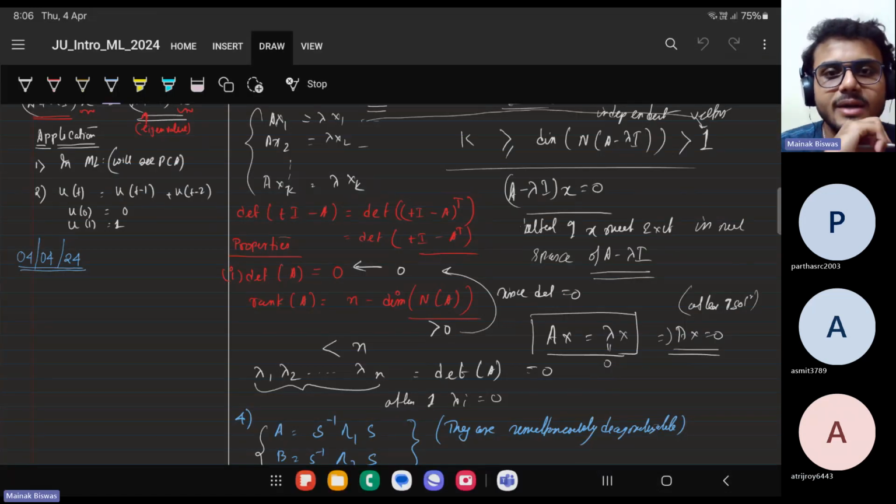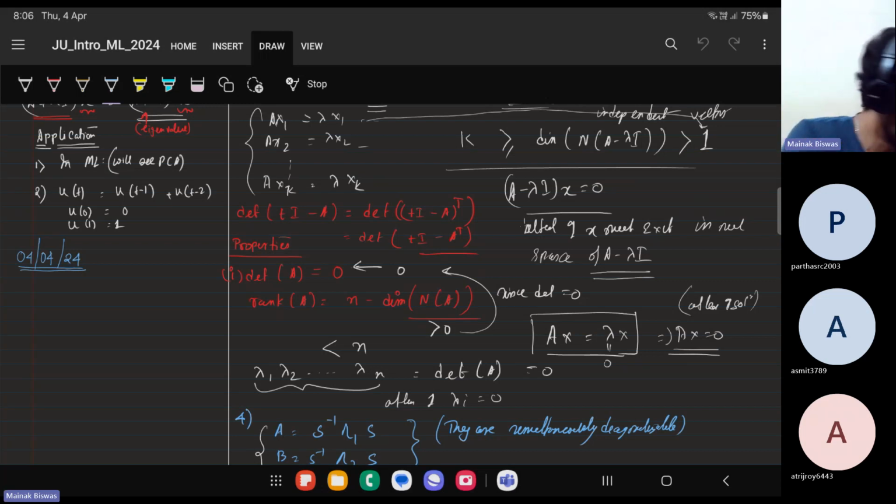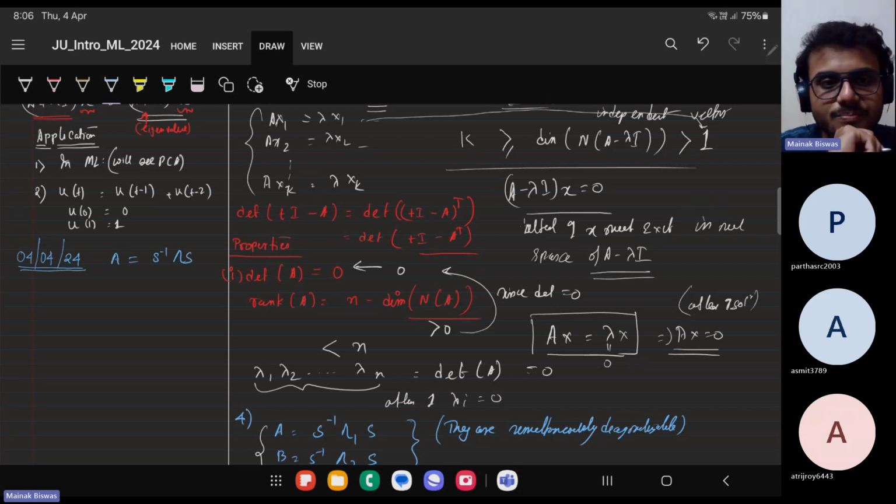So we had been discussing eigenvalues and eigenvectors, and how we can factorize a matrix. We saw last time that if the matrix was diagonalizable, we could factorize it into S inverse lambda S, depending on how you use the notation.